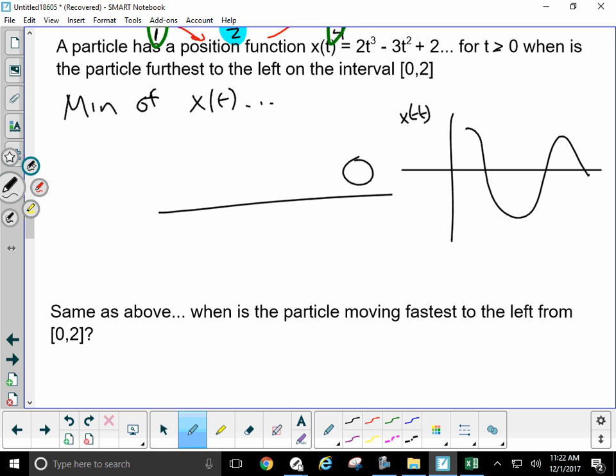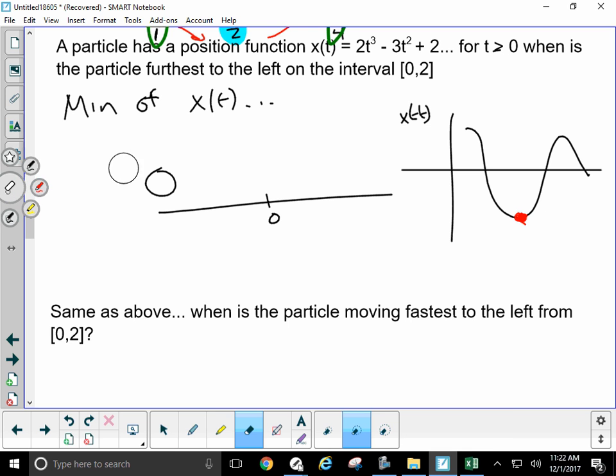You would say that this is a 0 here, so you'd have a positive position to a 0 to a negative position to a 0 to a positive back to a 0. That's how the ball would move if this is the graph of position. So when is your particle furthest to the left? It's when your position is at a min. That would be furthest to the left. Okay, good question. Hope that helped.